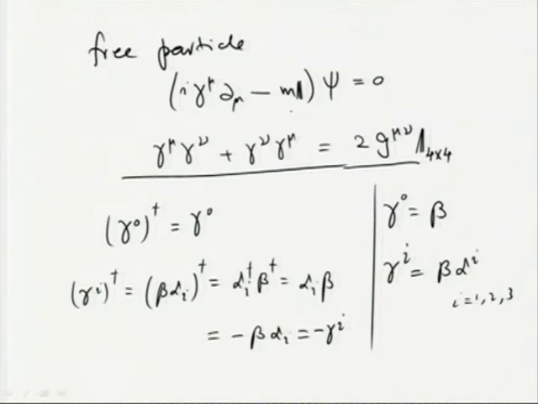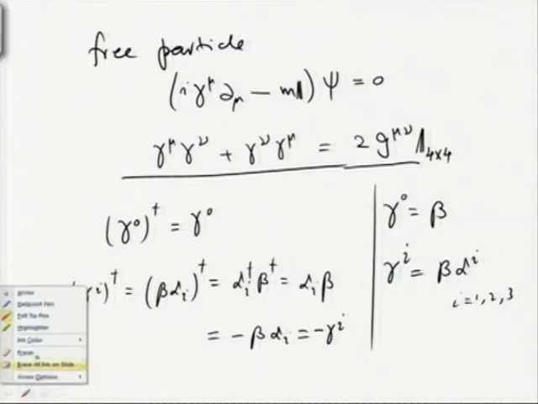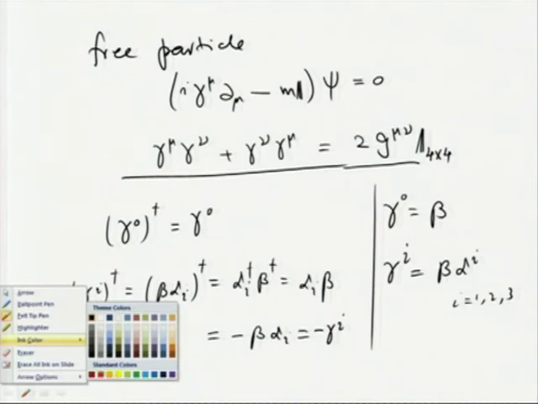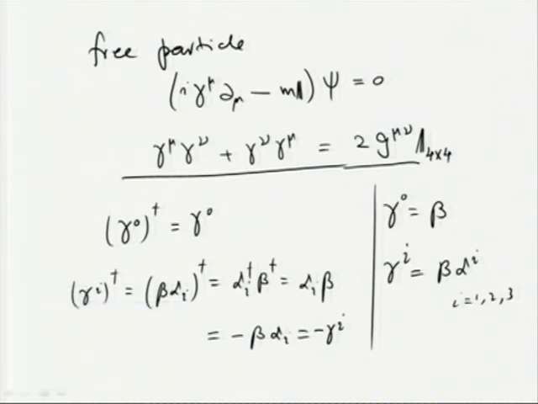You cannot add two different quantities. So γ^μ is a 4 by 4 matrix. Therefore, what you can add to it is a 4 by 4 matrix. So where is that 4 by 4 matrix in the second term? It's actually m times the unit matrix. That's what you have. Okay. Similarly here, in the second line, in the anti-commutation relation also, it is exactly the same thing that you have.